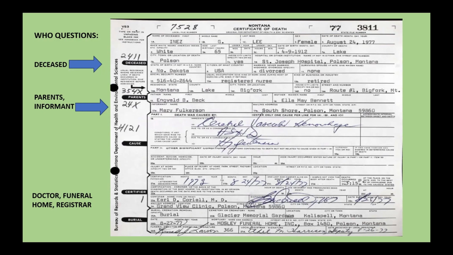This is a very full certificate of death from the 1970s in Montana. This is prior to the time that Montana wrote a new definition of death. And you'll notice that there were immediate causes and consequences and so on that are in there. And there's a lot of other information which could be filled in about other significant conditions.